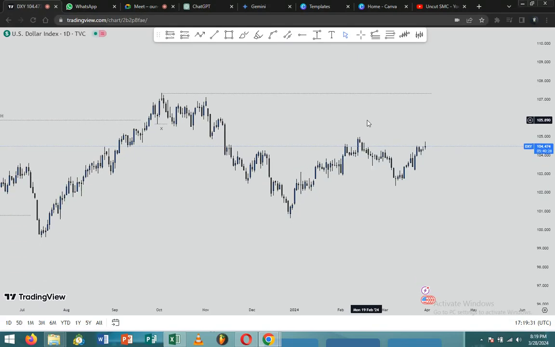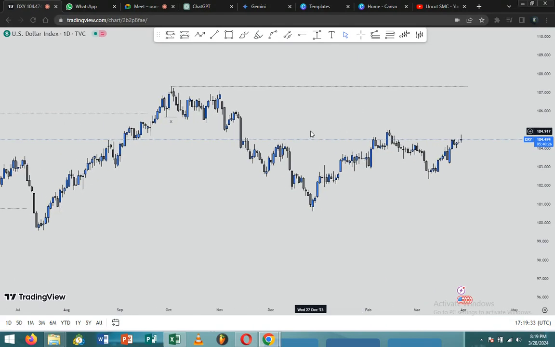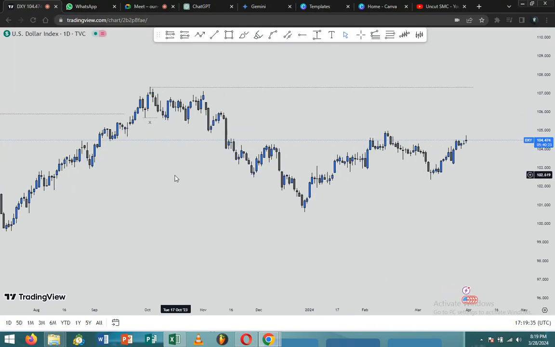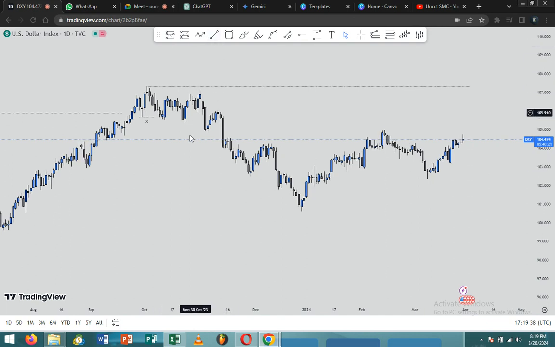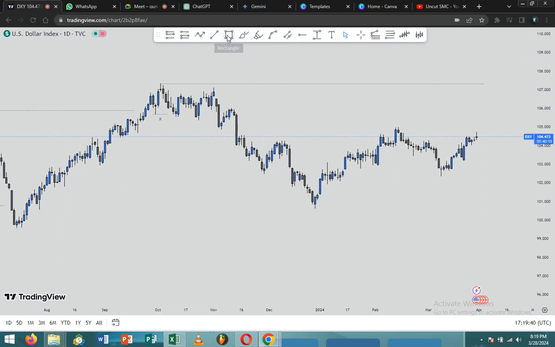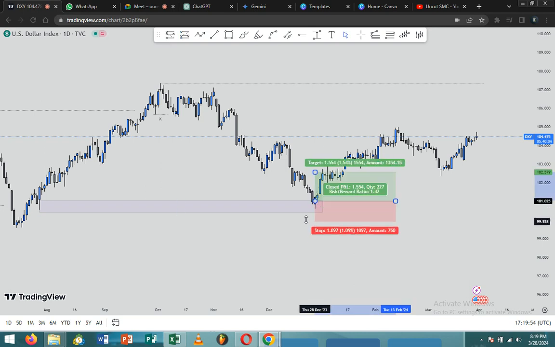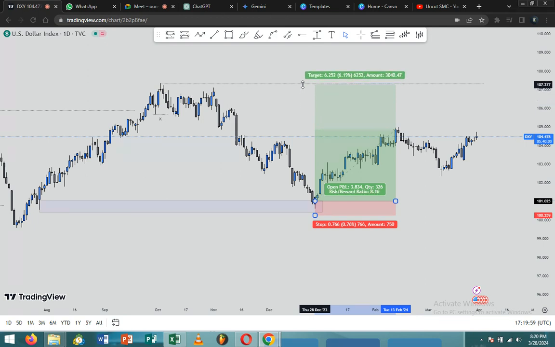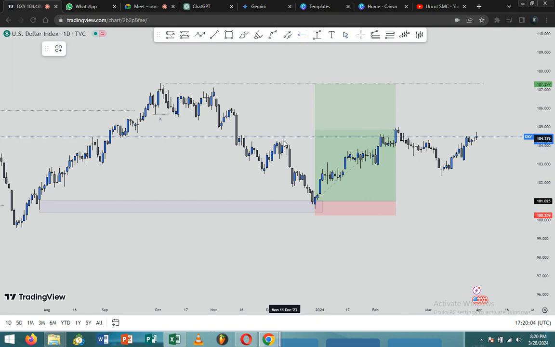Now we currently see that the DXY is pushing higher, and those of you who were with me in January as this year was starting, we had a swing entry from this point, and of course we were targeting the extreme. We were targeting here, and our partials were supposed to be taken here.